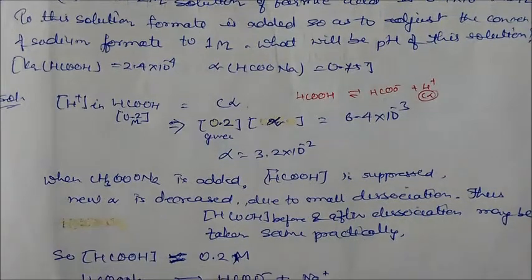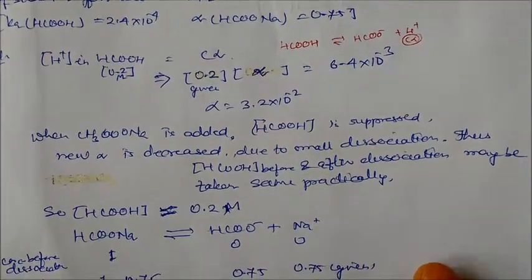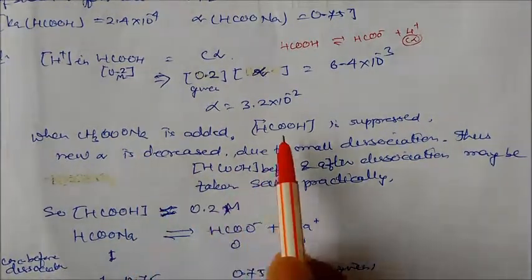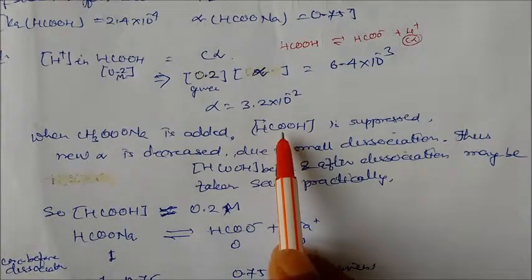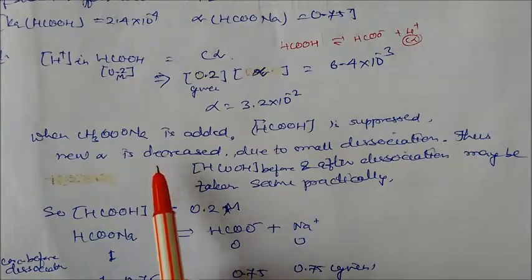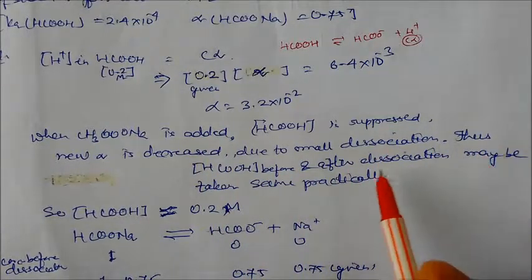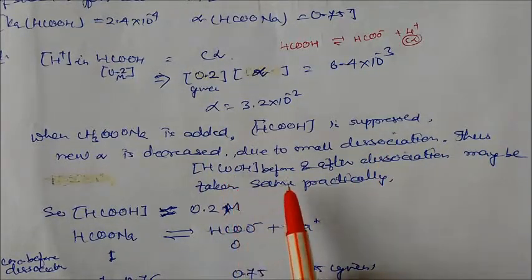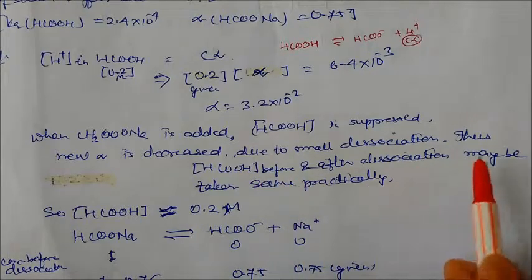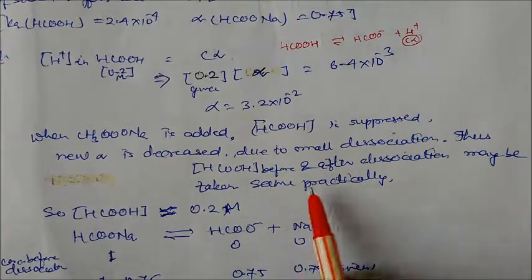Now when you add sodium formate, what will happen? The dissociation will be suppressed and the new alpha will decrease. This alpha is greater, and it will decrease. So the concentration of formic acid before and after dissociation will be taken as practically the same.